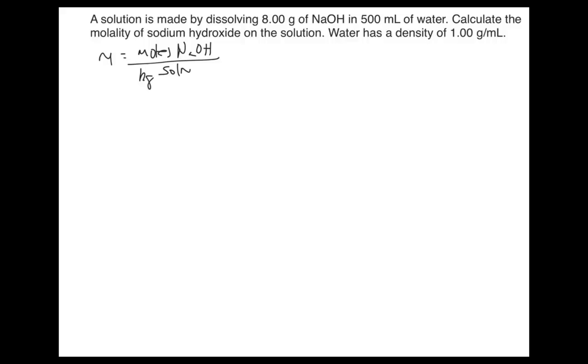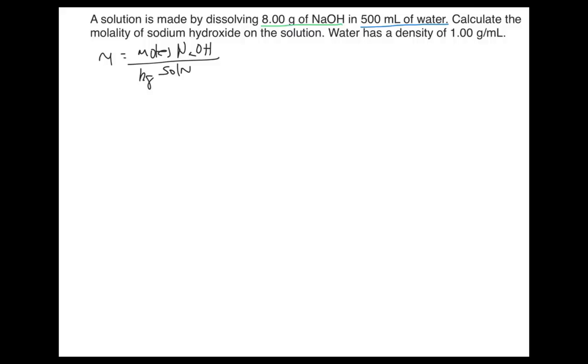From the information that we have, we can calculate the moles from the mass of the solid, sodium hydroxide, and we can calculate the mass of the solution by using the data of 500 mL of water, because water is basically the volume of the solution.